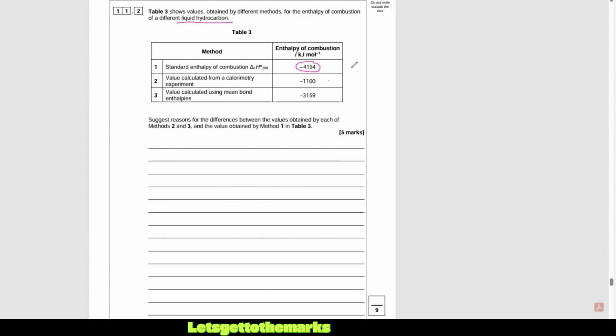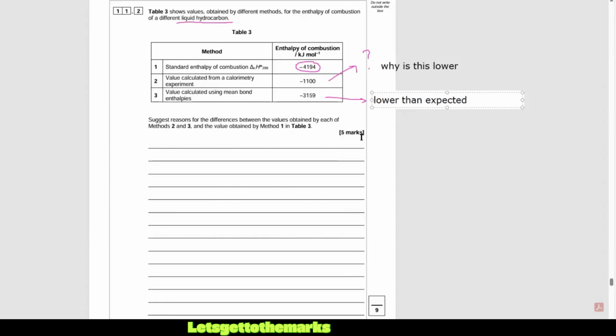So we're going to have to think of the reasons why this is lower than the real value. And then we have a value calculated just using mean bond enthalpies from the old data book. And this is also a little bit lower than expected too.